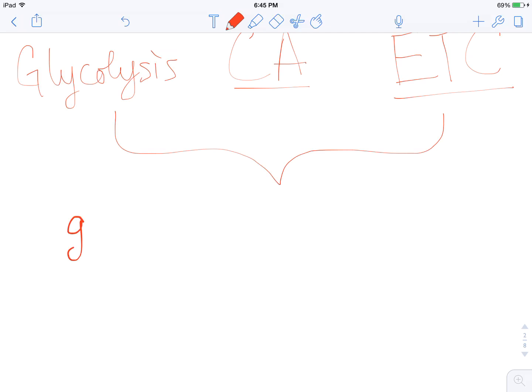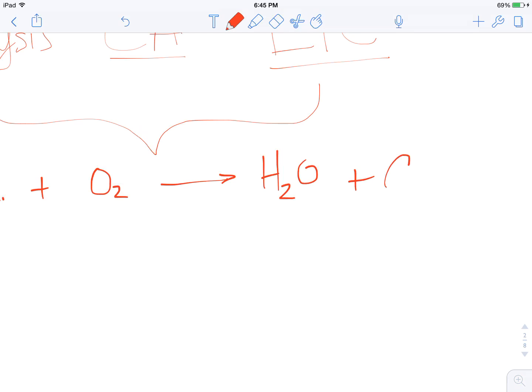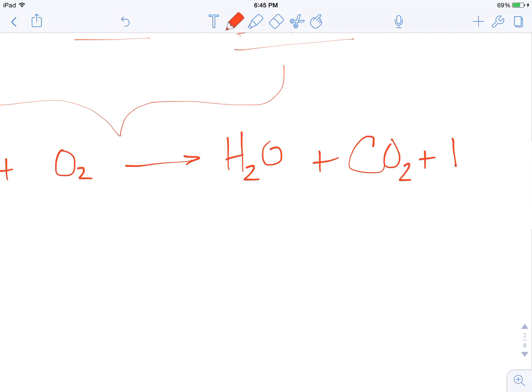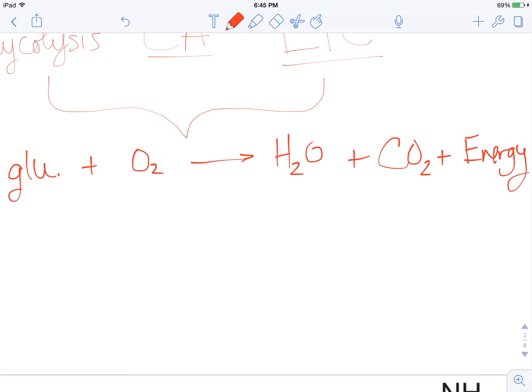We have glucose, I'm just going to say GLU for now, plus oxygen, giving us water, giving us carbon dioxide, and giving us energy. Now, just to be specific, I'm going to write this down as a chemical structure.